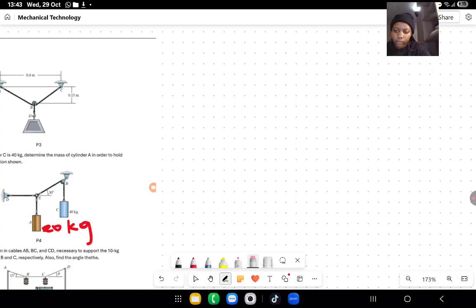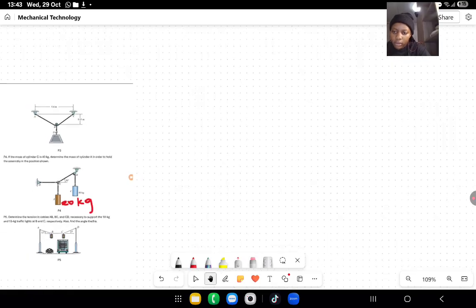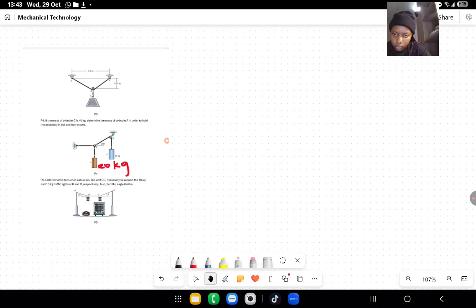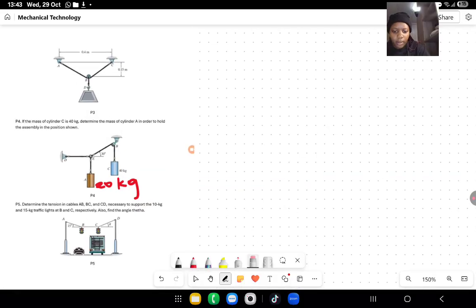For number 3, we'll draw our free body diagram.